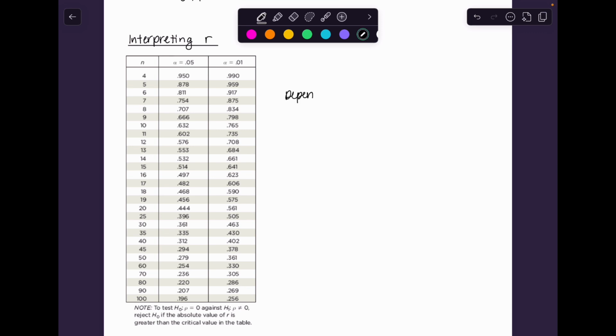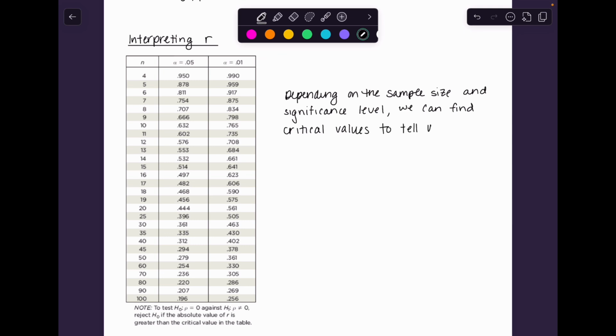So depending on the sample size and the significance level, we can find critical values to tell us if there is evidence or no evidence of linear correlation.